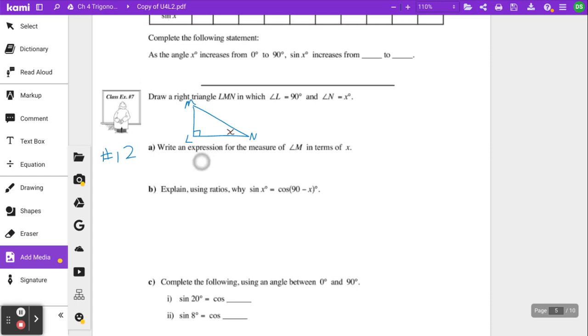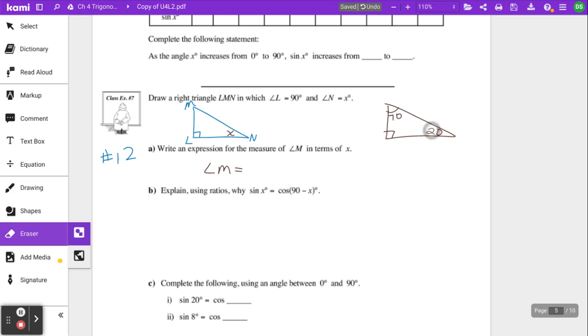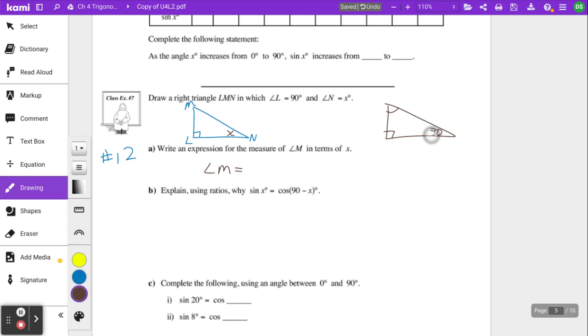So isn't it true that angle M would be equal to, let's see, hold on. Let me just do a quick example over here. If you knew this was 90 and this was 20, what would this be? Quickly. 70. How'd you get that? 90 minus 20, right? If you knew this was 30, oh, you're already saying it. 30, you know this would be 60.